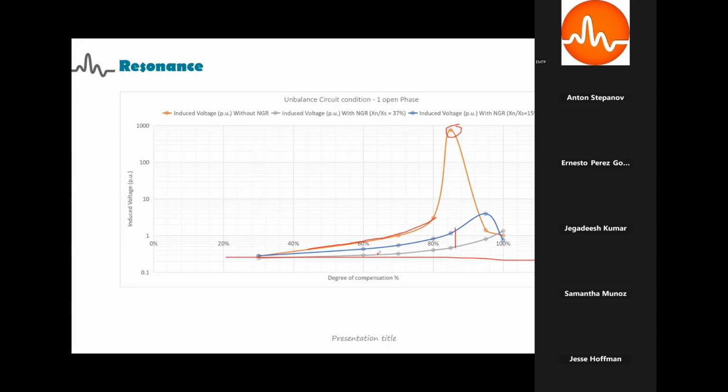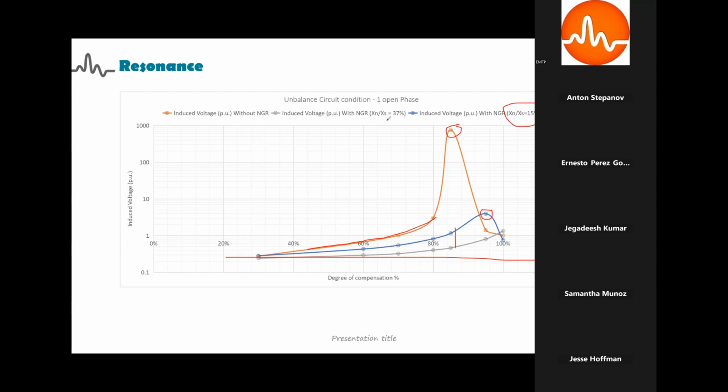Whereas with the introduction of NGR, you can see the blue curve here. When you introduce a small NGR, an extra 15%, the resonant peak is shifted from 85% to nearly 95% of compensation. So it helps to shift this resonant peak towards a higher degree of compensation.